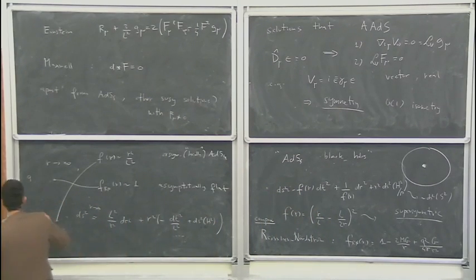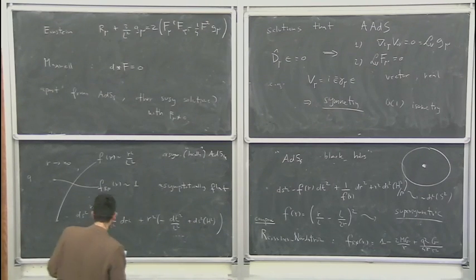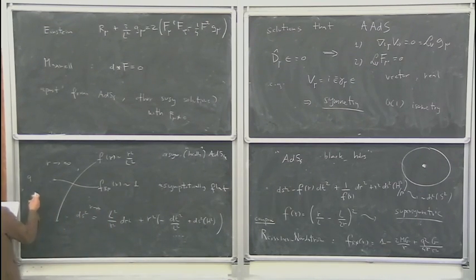In particular, Q is related to the charge of the black hole, and m is the mass of the black hole. So in the particular condition that Q squared equal to 4 pi G Newton equal to m squared, this is called the BPS condition.